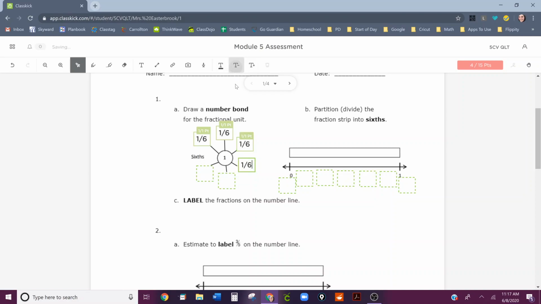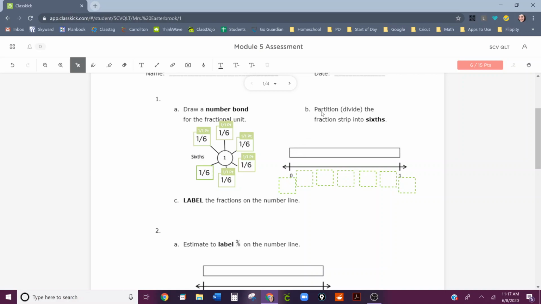And 1/6. So that's saying that if we have this number bond of 1 whole, we have 6 pieces, each of them is 1/6, and together they come to make 1 whole.